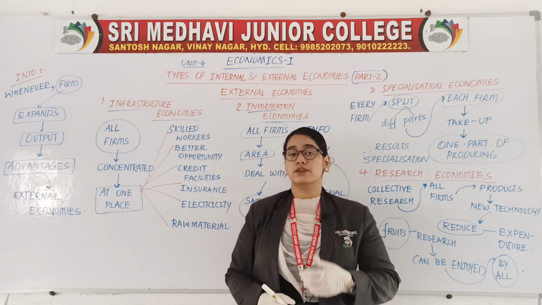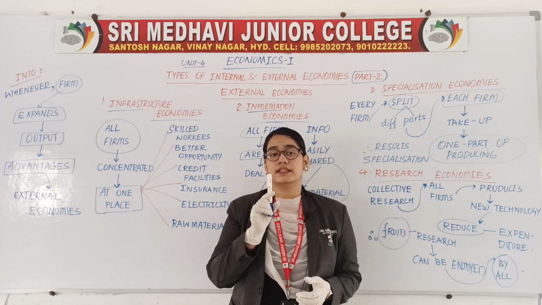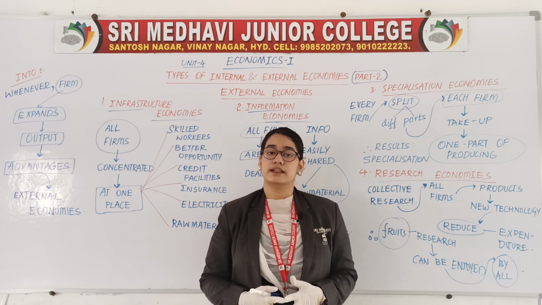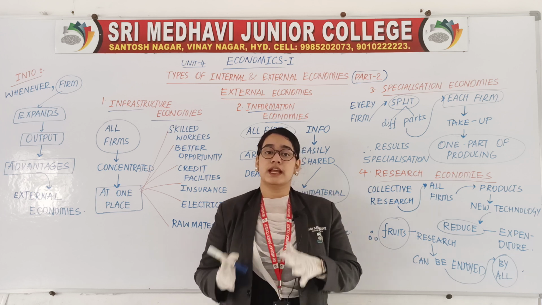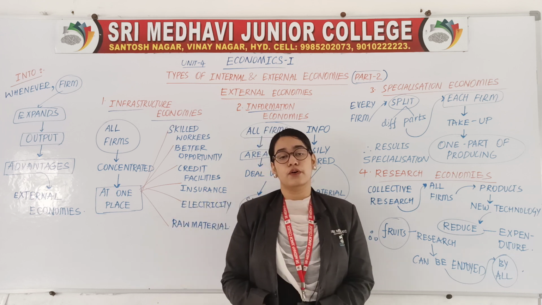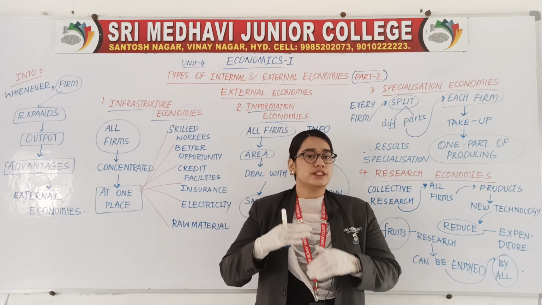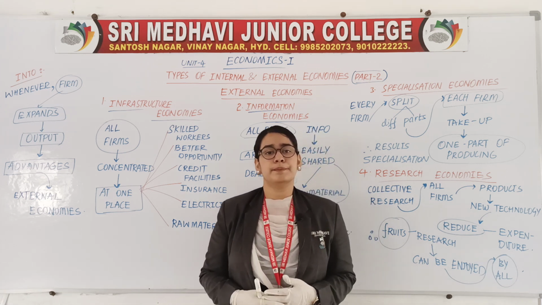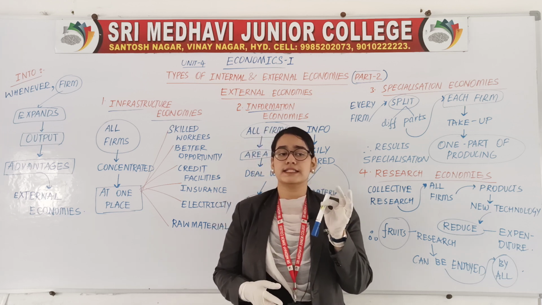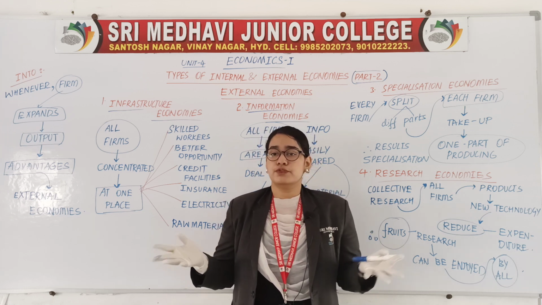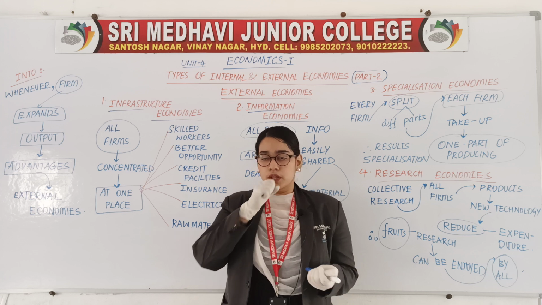I also gave you an example of markers, 2 cartons of markers. I am now manufacturing 5 cartons of markers. In the same way you can come up with various examples, not only markers, any good which you find near you.